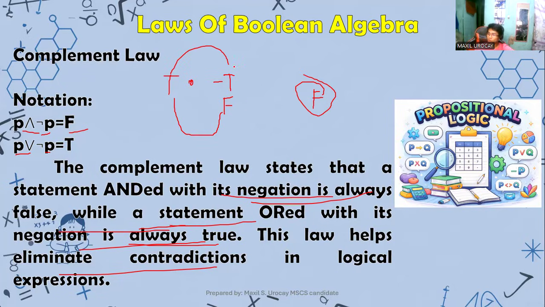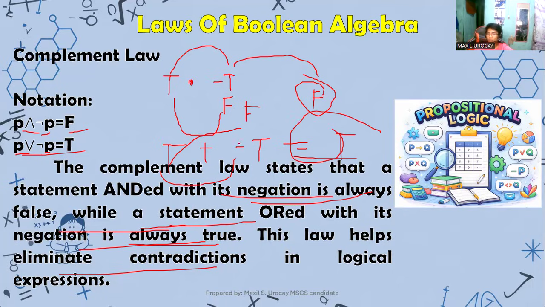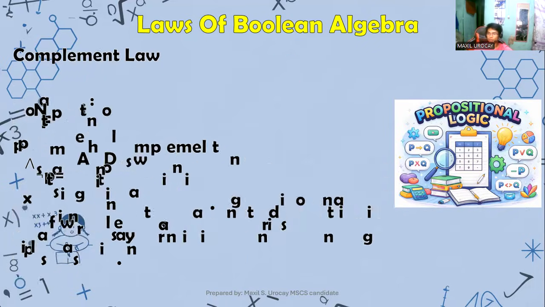True times not true will be false. That's how it works. Now, for or, so true plus not true. So this not true will be false. So true plus false is always true. True plus not true is always true. So that's actually the logic.